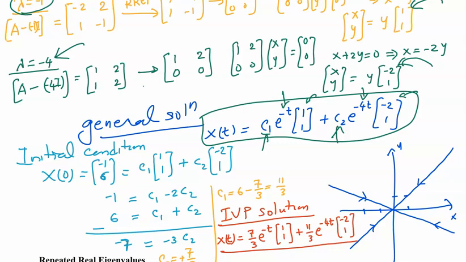If I draw the eigenvectors over here, 1, 1 is going to be like that, and -2, 1 is going to be here. Since both are going from 0, 0, that's the equilibrium, and they are both going towards 0, 0 because they are both negative. So that's why it's stable.